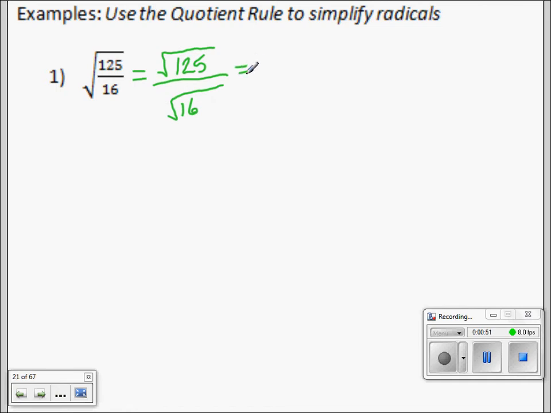And as we've studied, the square root of 125 is the building block of 25 times 5. 25 is a perfect square, so it can come out as 5 from the radical, leaving 5 inside. The square root of 16 is 4. So our final answer is 5 square root of 5 over 4.